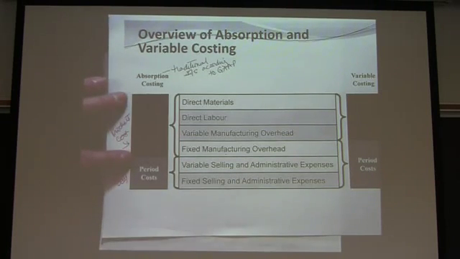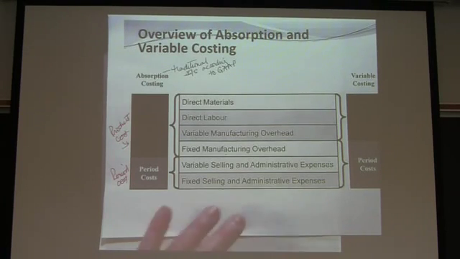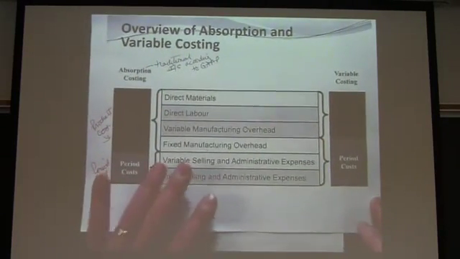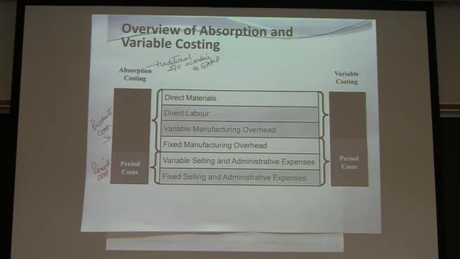So these costs, if we make more than we produce, these costs are going to be capitalized to the balance sheet called ending inventory. Now, if we use variable costing, you'll see that we're going to expense all fixed cost, and we're going to consider those as what we call period cost.